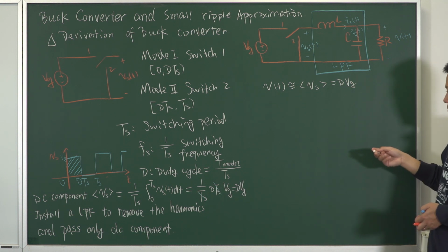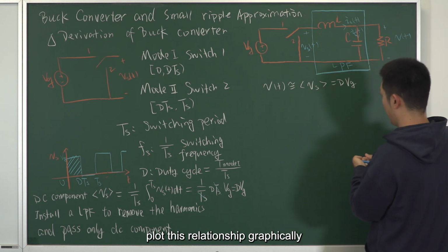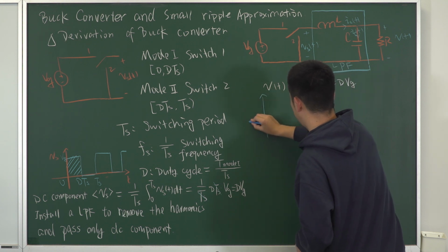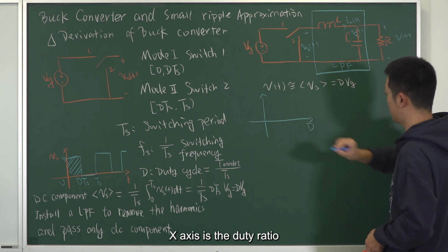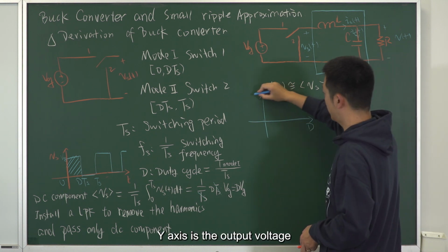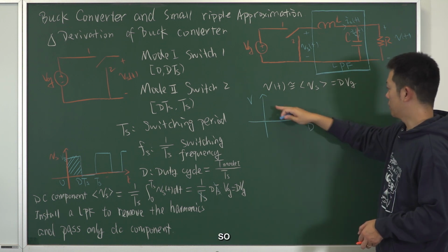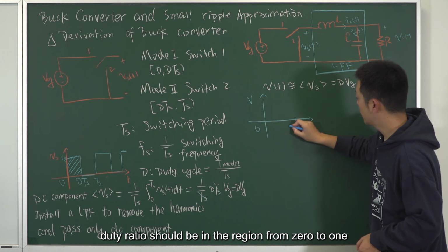So we can plot this relationship graphically. The x-axis is the duty ratio, the y-axis is the output voltage. The duty ratio should be in the region from 0 to 1.